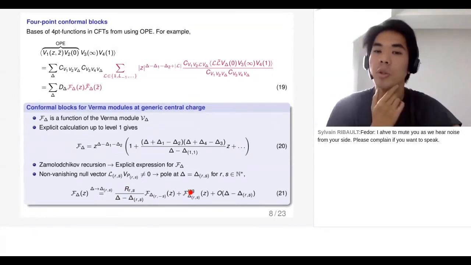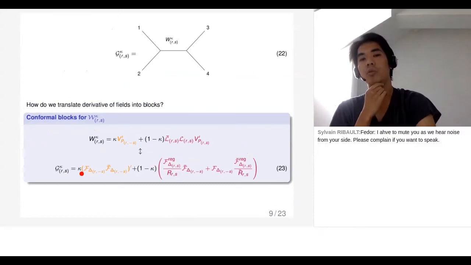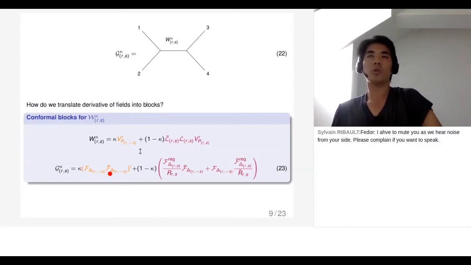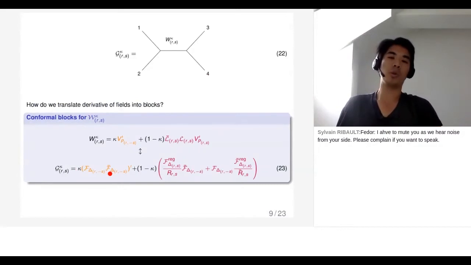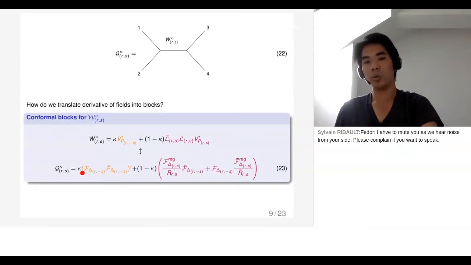And this is why we use the word reg, standing for regular. And so having this explicit expression for the conformal block for this logarithmic representation is also one of the advantages of using this derivative of fields with respect to the dimensions, because it allows us to deduce it.